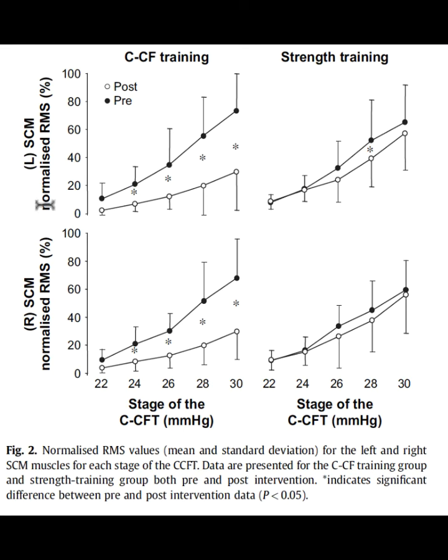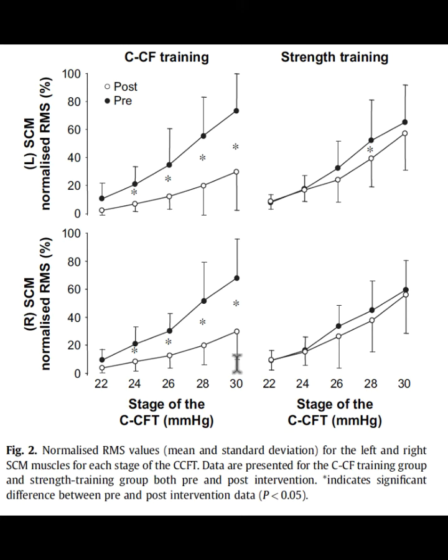What we're seeing here is the normalized EMG of the sternocleidomastoid muscles on both sides during a head lift task. We can see that for the patients who just performed the strength training, there was essentially no real difference in their EMG pre and post.